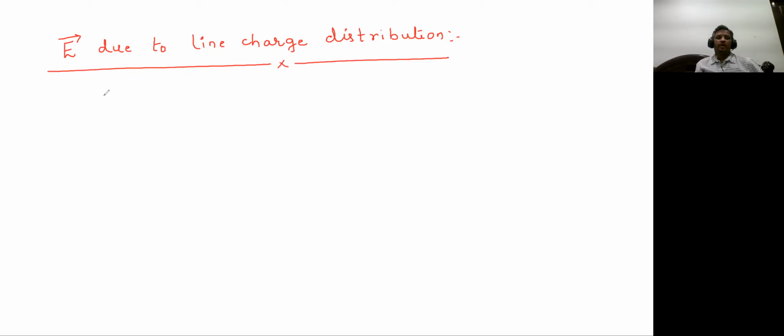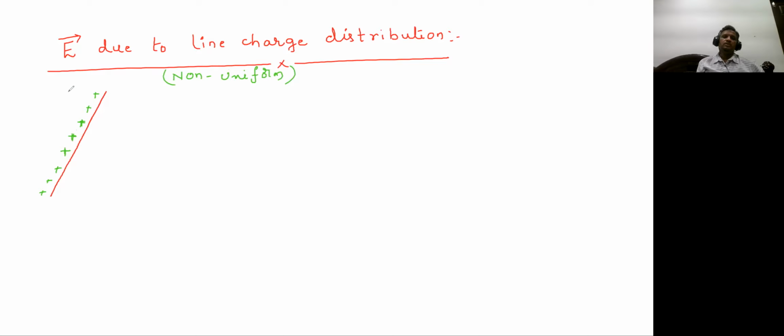So to find that, let us take a line conductor, which is, let's say, straight, and assume that positive charge is distributed. You can consider it is uniform, but automatically after a certain time it becomes non-uniform. So this derivation is for non-uniform charge distribution only.